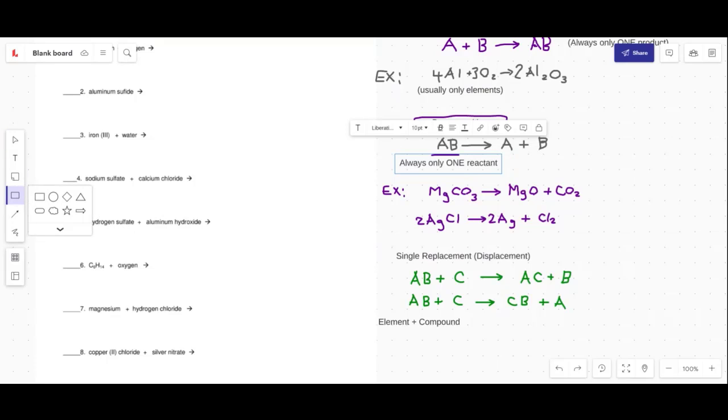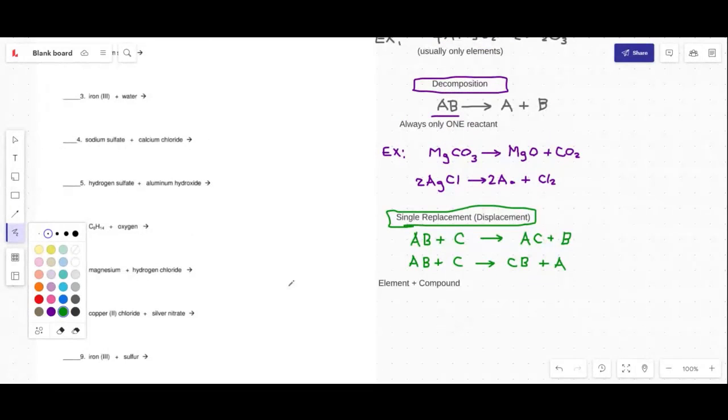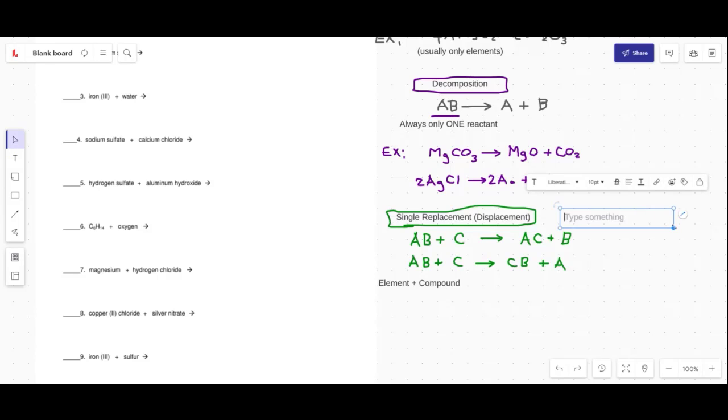And with a single replacement, you're always going to get one element and a compound reacting together, and it will form a new element and a new compound. And the basic idea behind a single replacement reaction is that like replaces like.